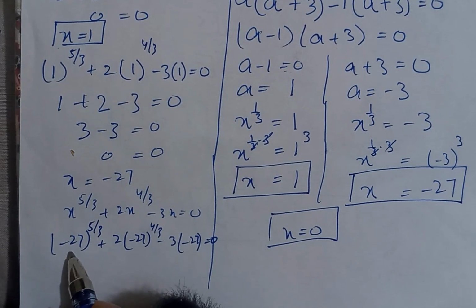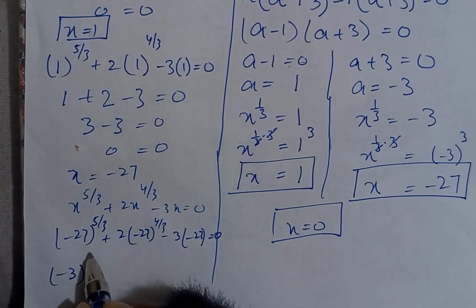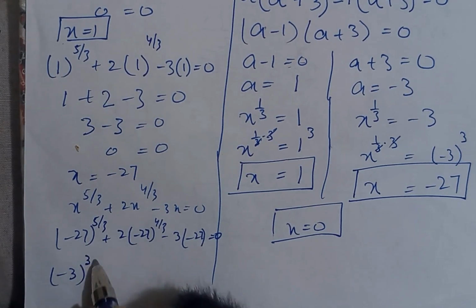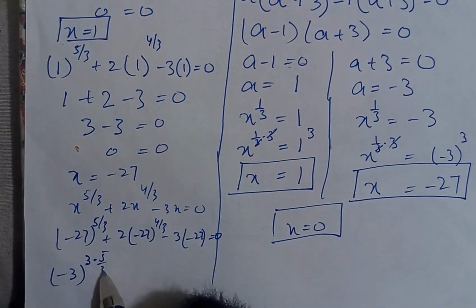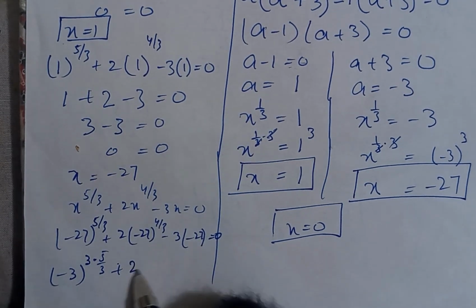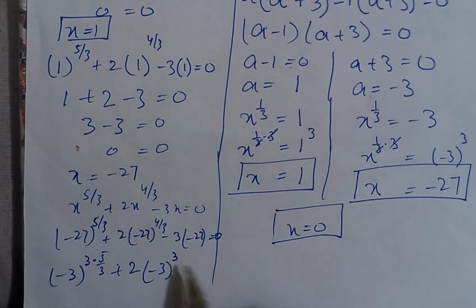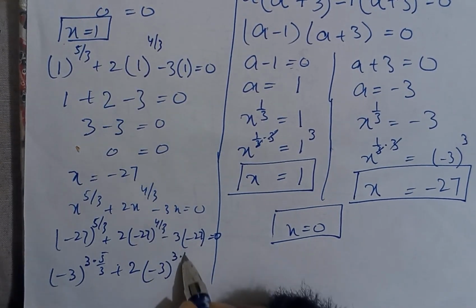So we can write minus 27 as minus 3 raised to the power 3, and this is 5 over 3, plus 2 times minus 27, which is minus 3 raised to the power 3, and this is 4 over 3.